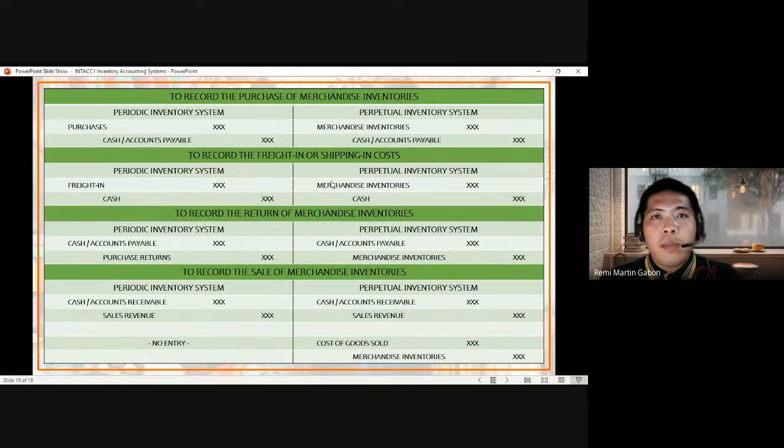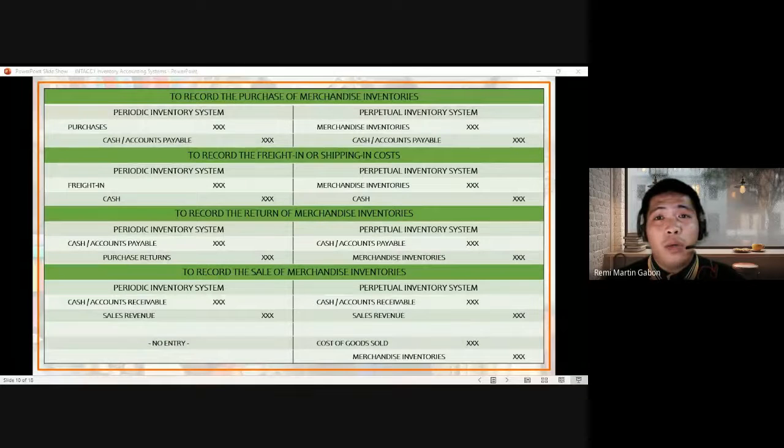So this is a summary comparison with the journal entries under periodic and perpetual inventory system. So to start with the purchase of merchandise inventories, as you can see under periodic inventory system, we debit purchases, while under perpetual, we debit merchandise inventories.